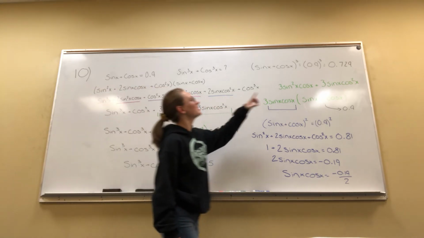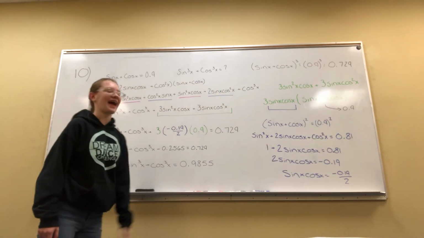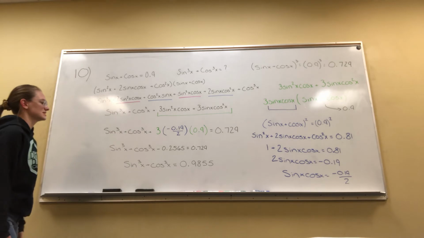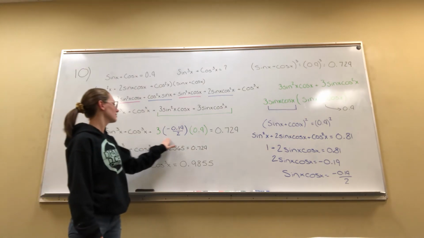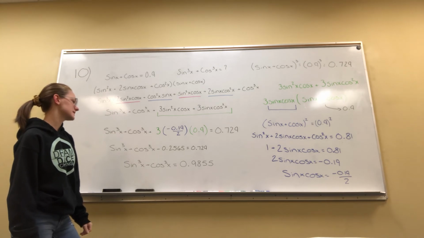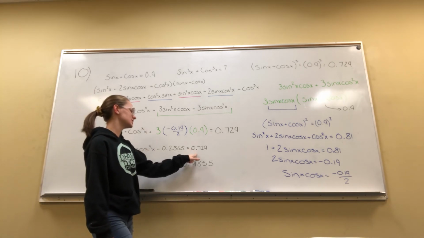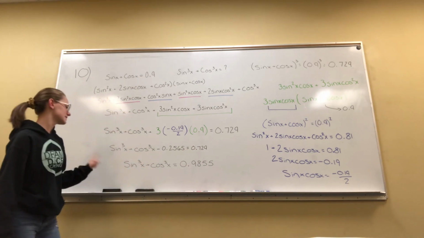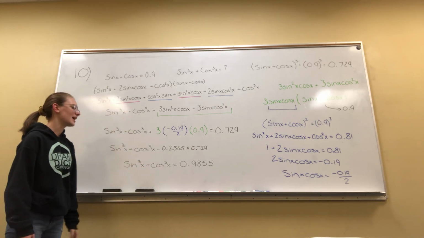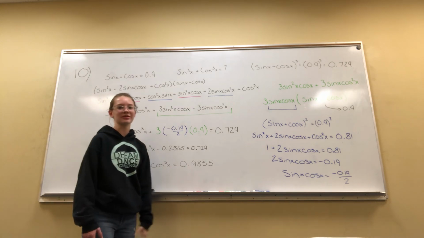And then also the cube that we found over here, we're going to set it equal to that. And then it's just simplifying. We multiply all of these together to get negative 0.2565, and then we're going to add that over to our 0.729, and we get sine cubed x plus cosine cubed x equals 0.9855, which will be your answer.